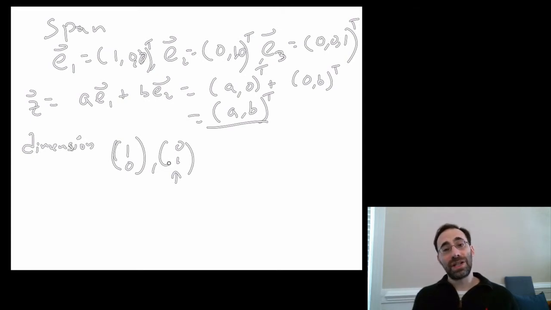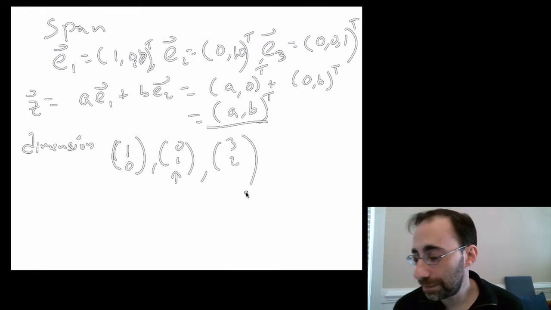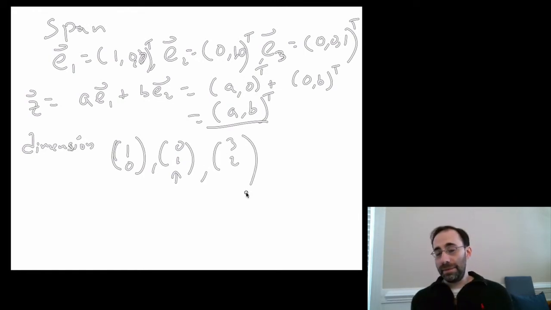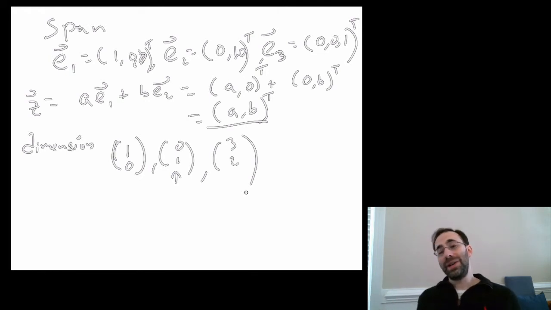Now, we said smallest number. Can we add more vectors? Well, we could. We could add this vector, but it is not independent. We don't need it because we can write (3, 2) as 3 times the first vector plus 2 times the second vector.